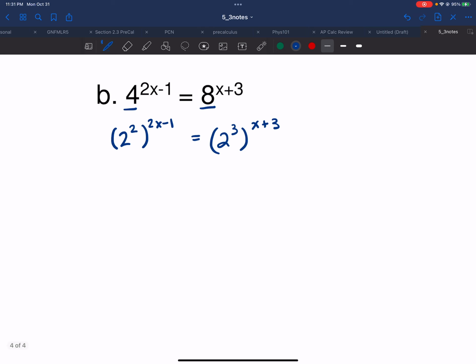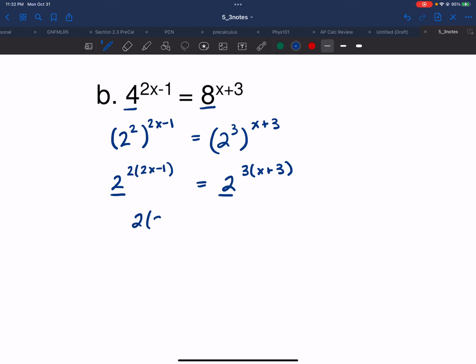Now in our log rules, or exponent laws, remember when you take a power to a power, you multiply them. So this is the equivalent of 2 times 2x minus 1, and this is going to be equal to 3 times x plus 3. Now I have the same base, and I can set each of those exponents equal to each other.